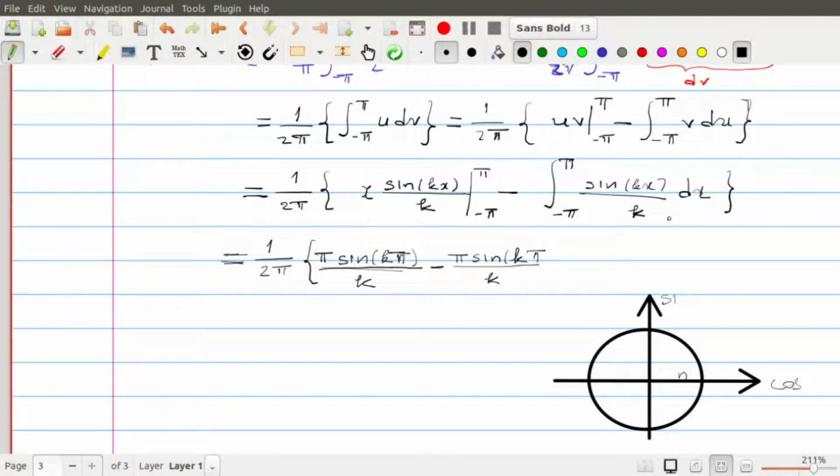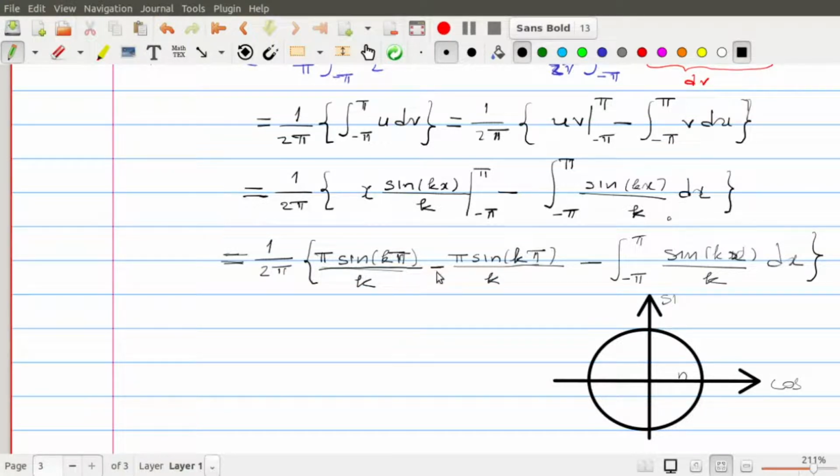So this is k pi. Okay, minus the integral from negative pi to pi sine kx by k. So even if this did not cancel out, because you can see that we subtract the same term, it will cancel out.